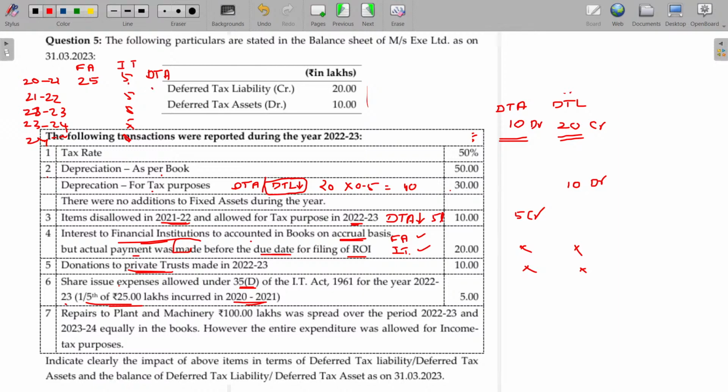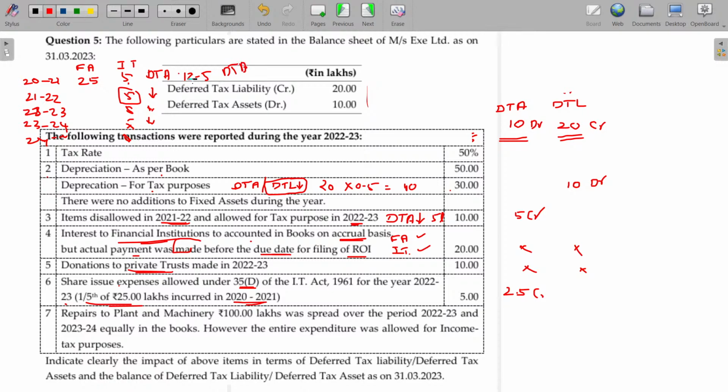Every year you are going to reverse this to the extent of 5. So on that 5 at 50%, 2.5 can be reversed in DTA. 2.5 credited; we already created it, and now I am reversing this. This is the debit value in the very first year, 25, and on that 12.5 will be the DTA.